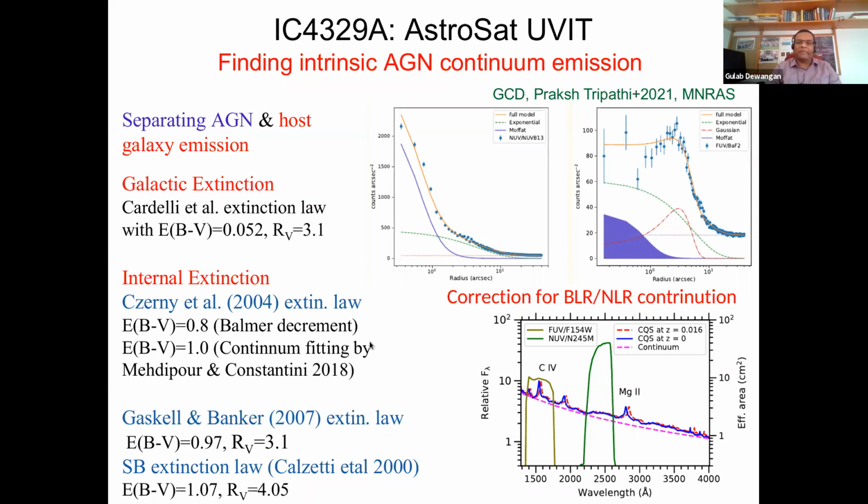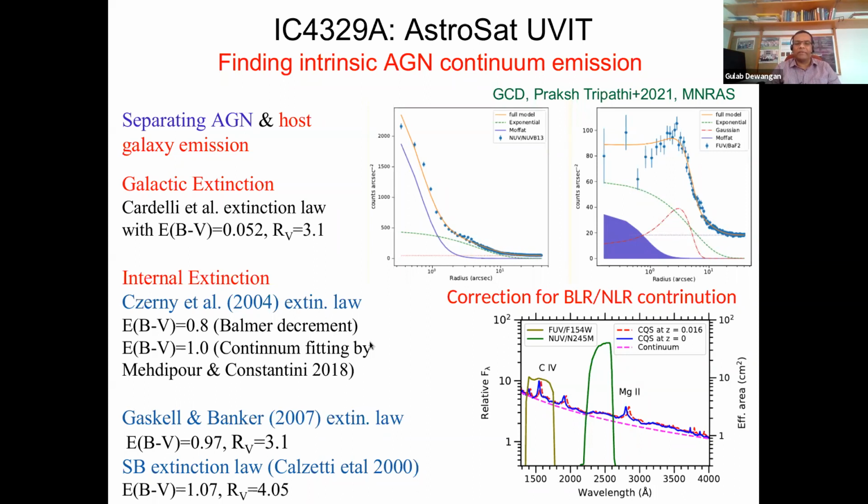In order to correct for that, one first corrects for the galactic extinction using the Cardelli et al. law. Then one tries to correct for the internal extinction, which is much more difficult because this internal extinction law is much more uncertain.